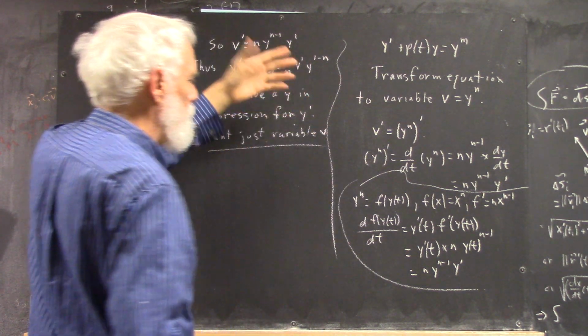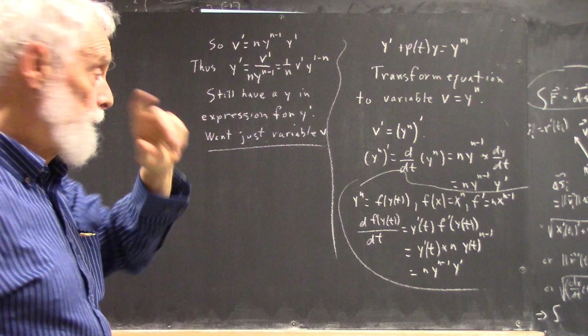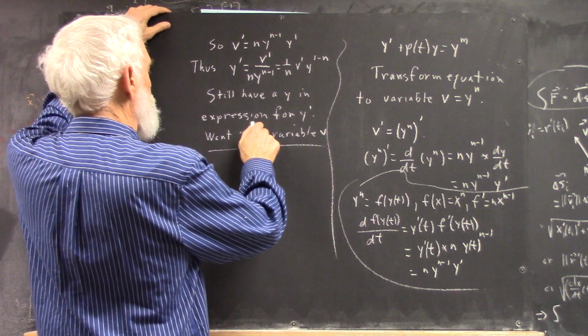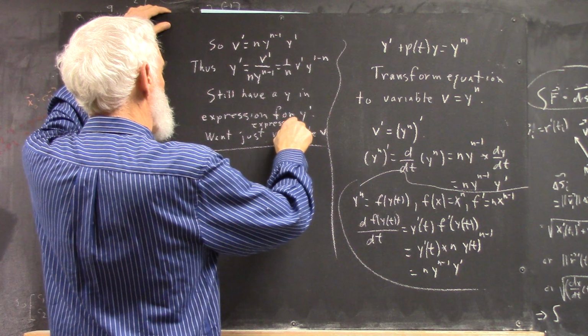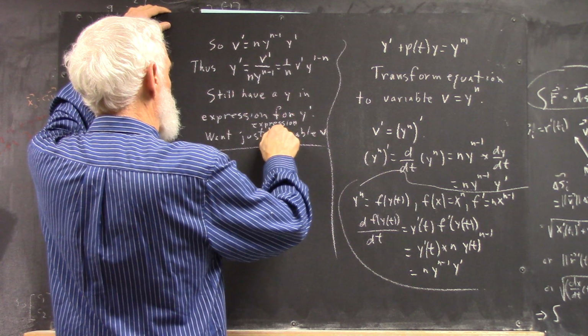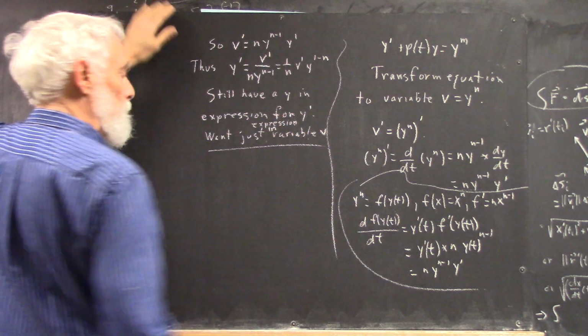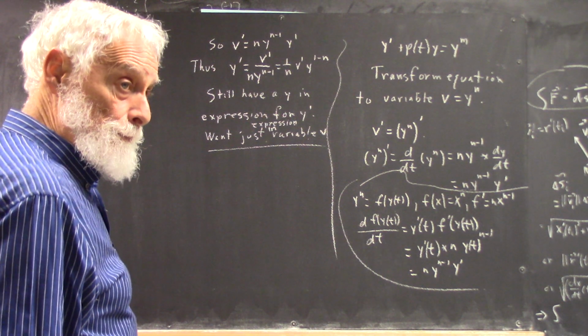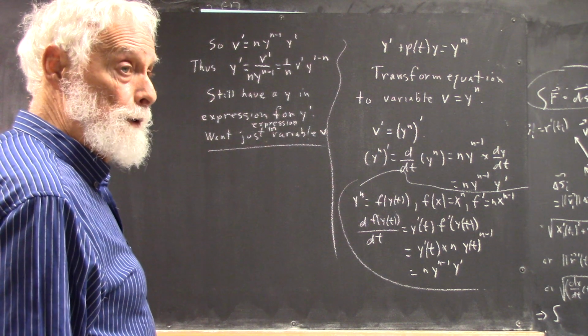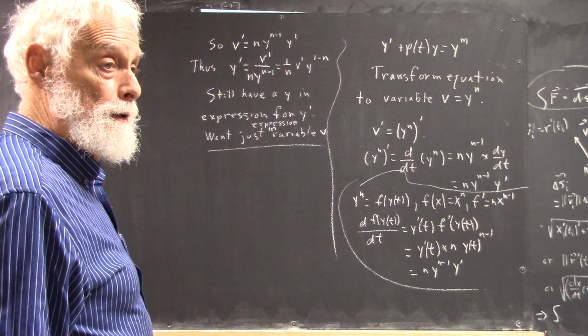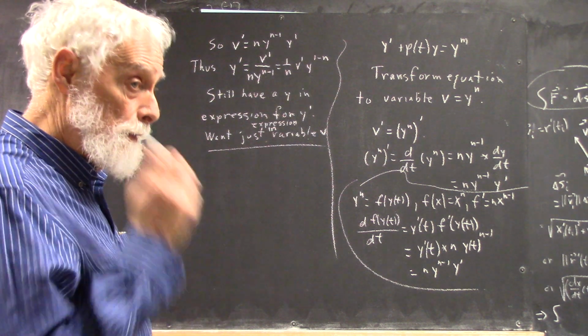You want just an expression in terms of the variable v, right? How are we going to do that? You're on the right track. What do you think? I don't know how we'd get rid of all the y's.